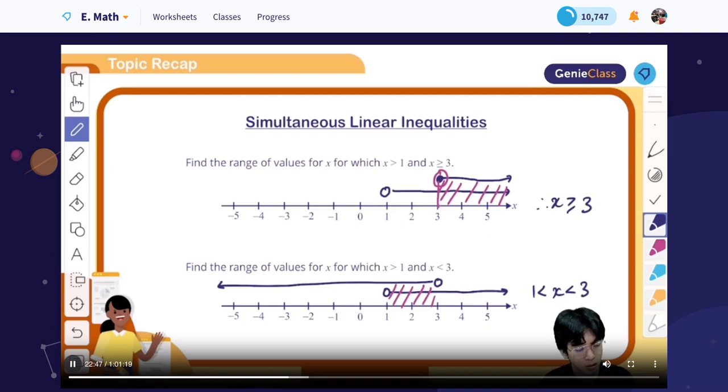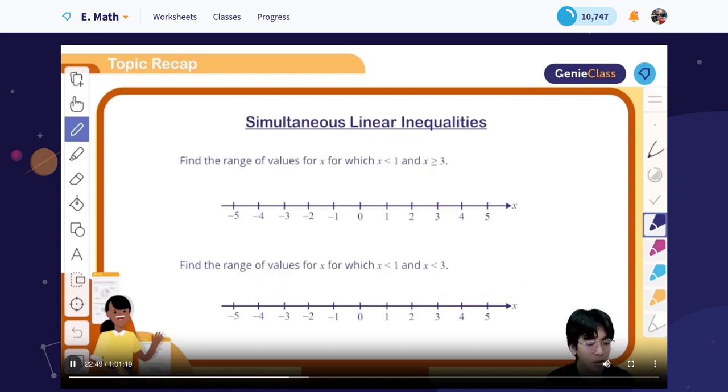Alright. Let's try a few more. What happens if x is less than 1 and x is more than or equal to 3? Okay, so what will you say?